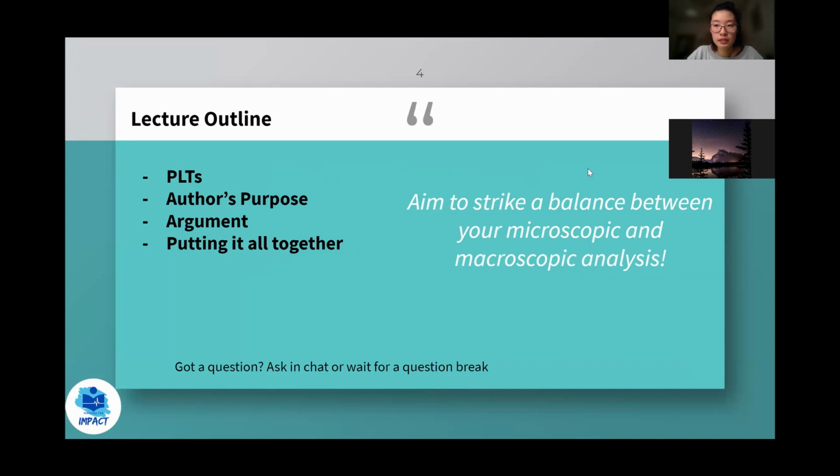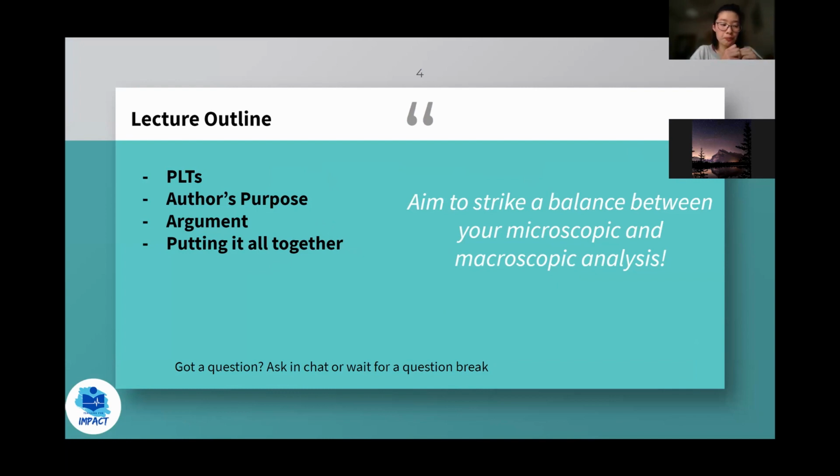And I guess the main takeaway today would be to try and find a balance between your macroscopic and the microscopic level of analysis. Oftentimes we tend to think about the persuasive language techniques, and it's all about that nitty gritty stuff.